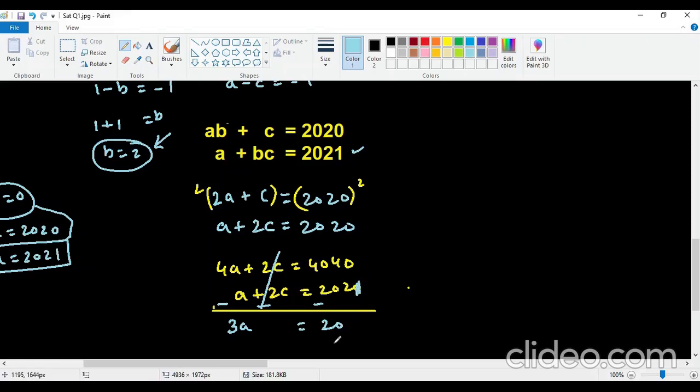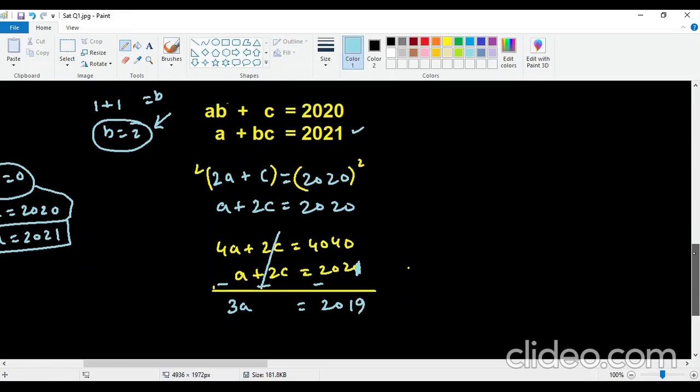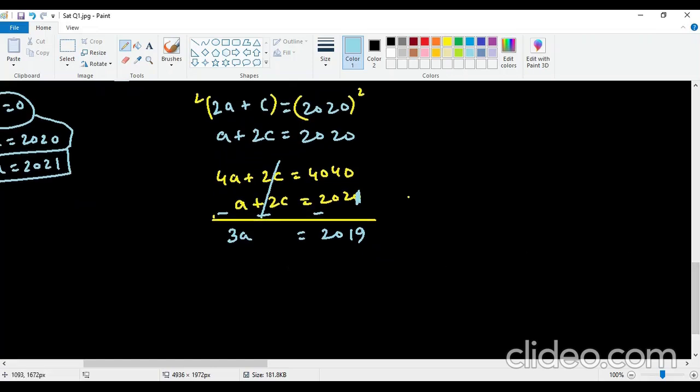Okay, so 4040 minus 2021 is going to give us 2019. When 2019 is divided by 3, it's going to give us 673.